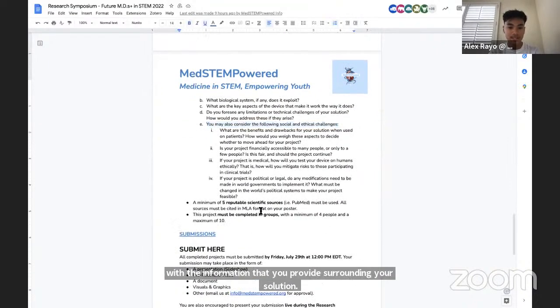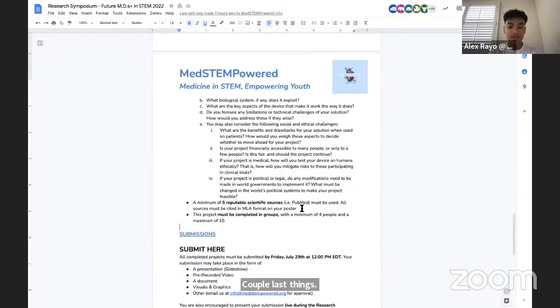A couple last things. Make sure that you have a minimum of 5 reputable scientific sources again. And by reputable, we mean sources that you find from credible places. So things like PubMed, online scientific databases, online scientific journals. All of these things would be pretty credible places because these are places where you can find scientific articles that have been reviewed by other actual scientists in the field.